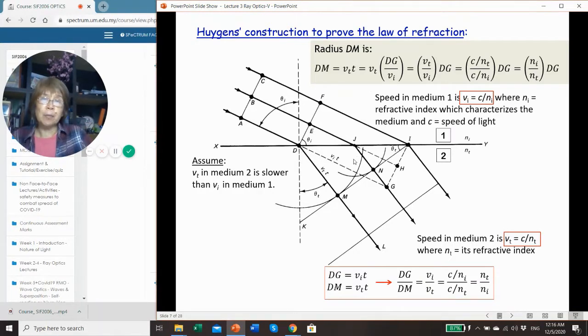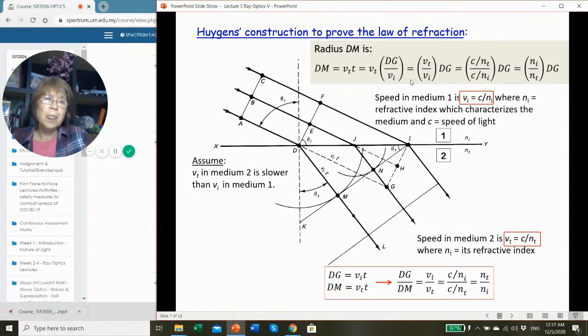Okay. So now, if we look at this line here, and this line here, DM would then be equal to Vt t. Now time t here would actually be the time taken for this distance divided by Vi.